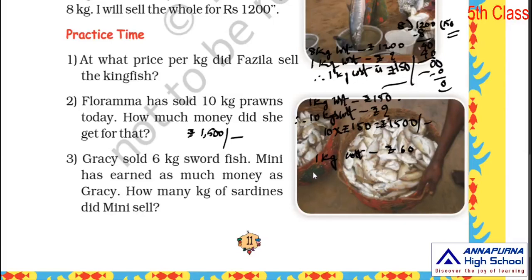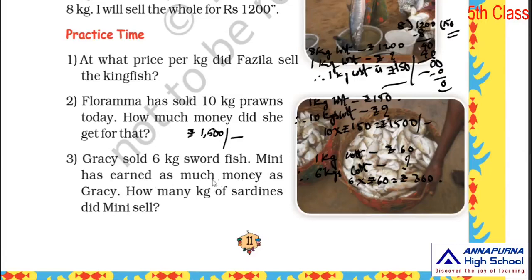How many kgs she sold? 6 kgs. Therefore, 6 kgs cost is how much? 1 kg is 60 rupees. 6 kg is 6 60s. So 6 into 60 rupees, which is equal to 360 rupees.